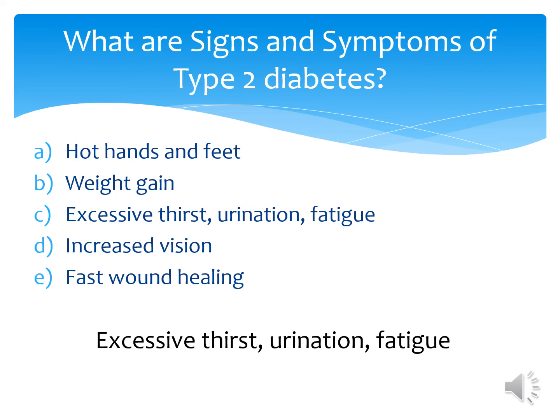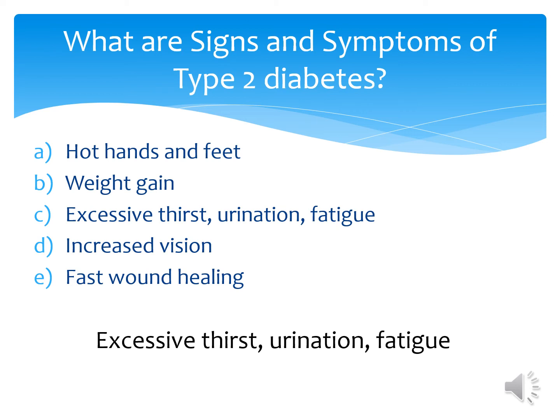If you remember earlier when we talked about insulin, not enough insulin is produced in type 2 diabetes, so that sugar stays in our bloodstream, and our body wants to thin out that sugar, get rid of that sugar in the bloodstream. Since we're not able to get the glucose into the muscles, our body wants to drink a lot of water to try to decrease that concentration of glucose in our bloodstream, and therefore we're urinating a lot.